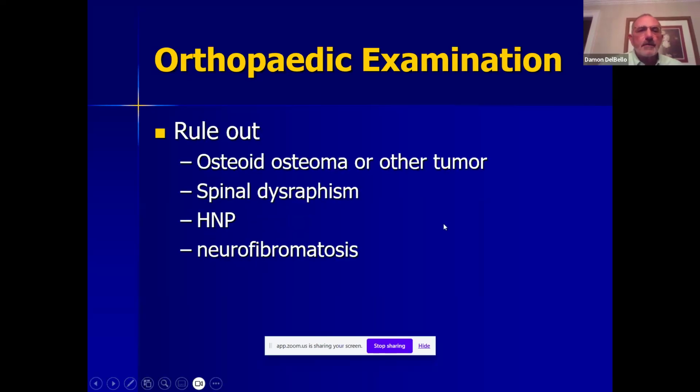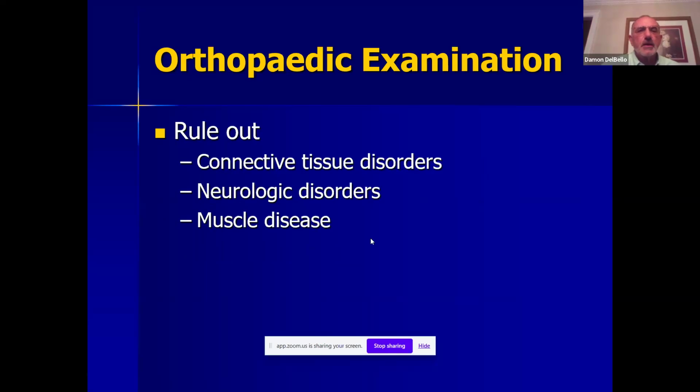There are multiple causes of scoliosis and pain. These are some: osteoid osteoma, various spinal dysraphism problems. These include syringomyelias, tethered cords, diastematomyelias, Arnold-Chiari malformations. Curves can occur from something that causes pain, like osteoid osteoma or herniated disc, and neurofibromatosis is a common example of a dysplastic curve.